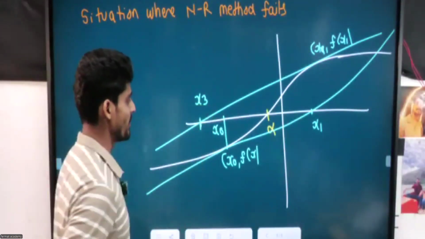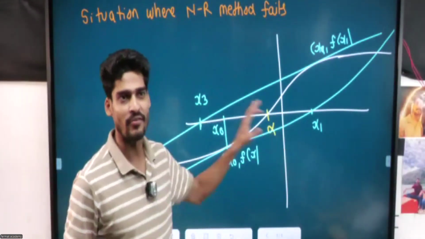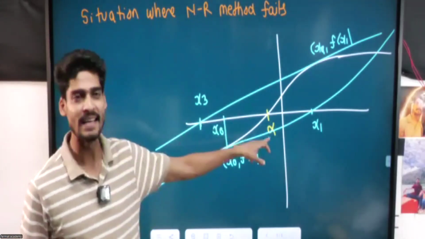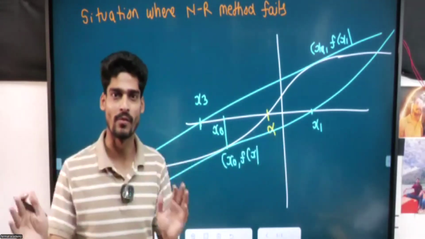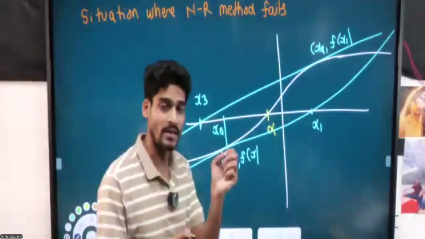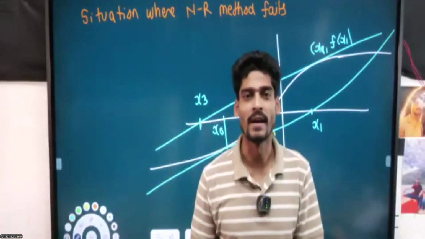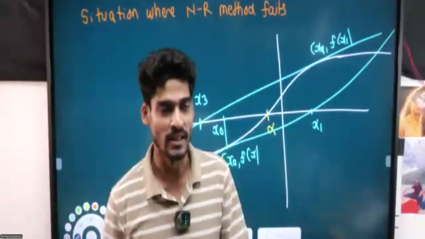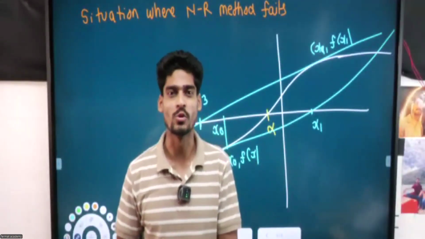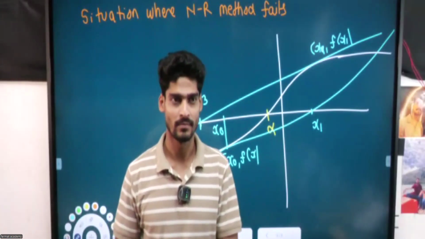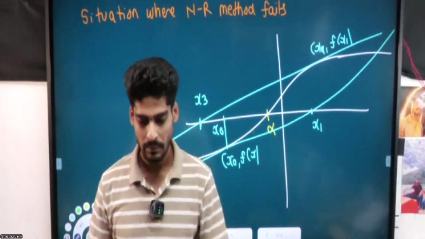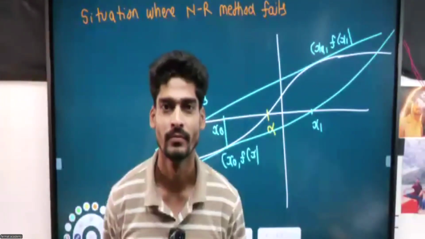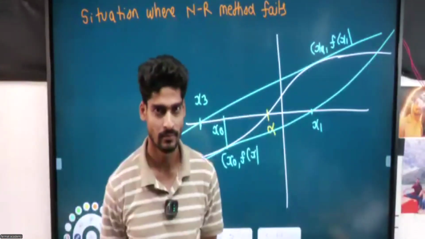So you might be feeling that you are getting away from the root. Your scheme is not near to alpha; it is away from alpha. So what does it tell you? That this method need not converge always, or the scheme need not converge to your exact root alpha always. Getting it?